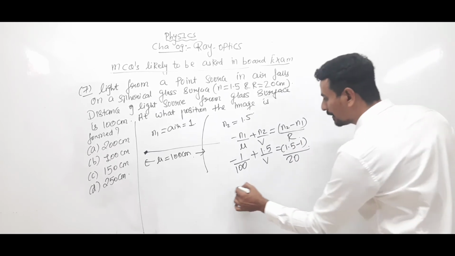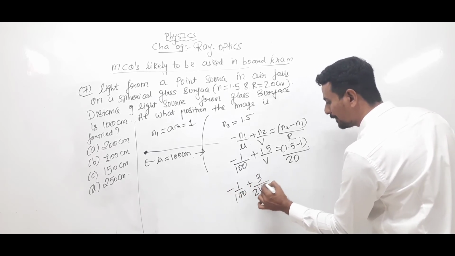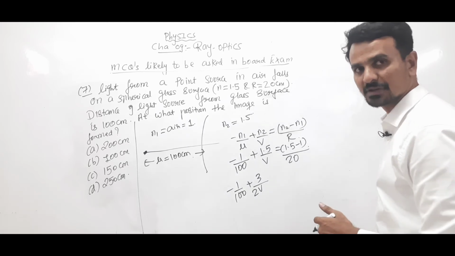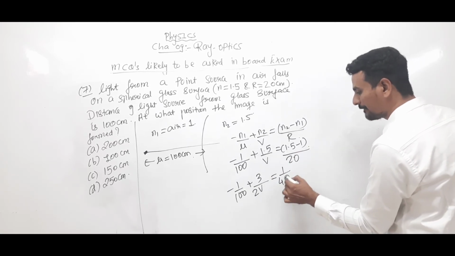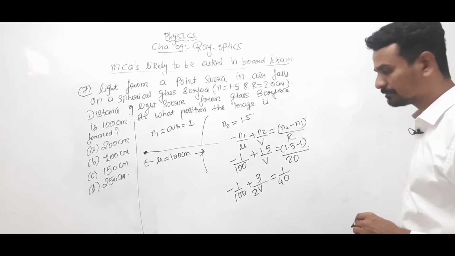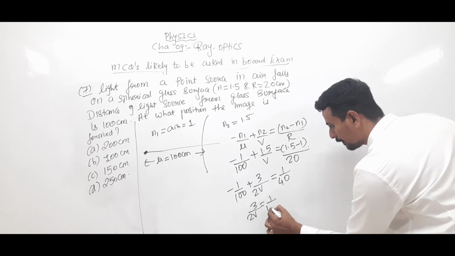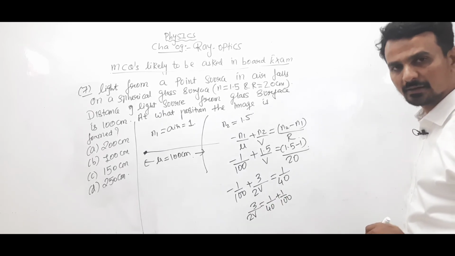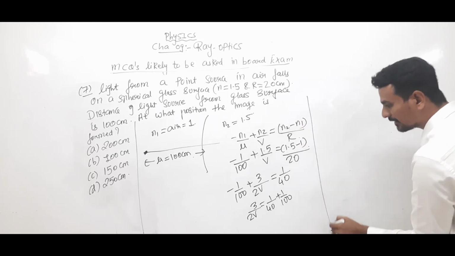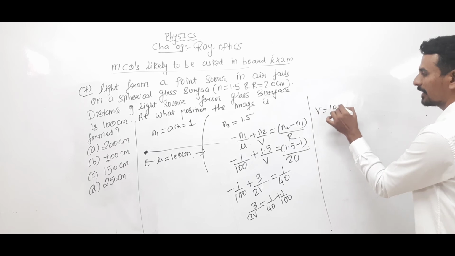So this will be minus 1 by 100 plus 3 by 2v, because 1.5 is also equal to 3 by 2, equals 0.5 by 20, so it will be 1 by 40. So 3 upon 2v equals 1 upon 40 plus 1 upon 100. On solving this, we'll have v equals 100 centimeter.